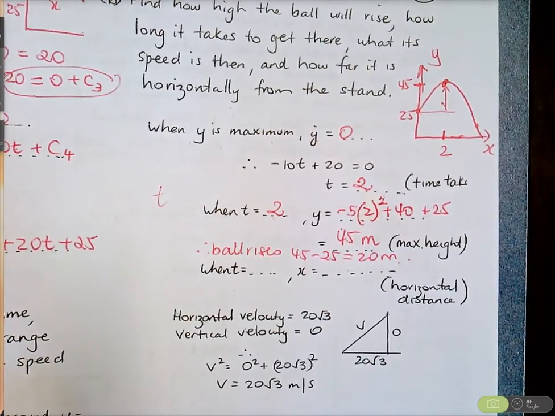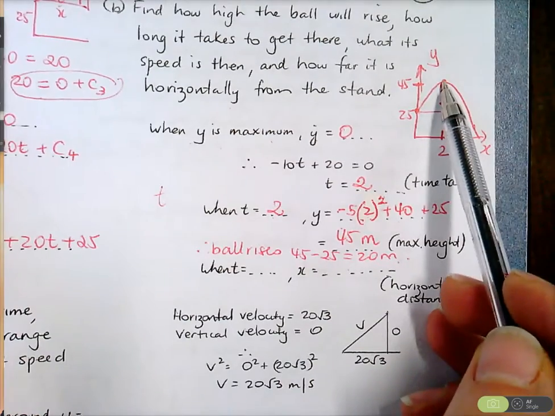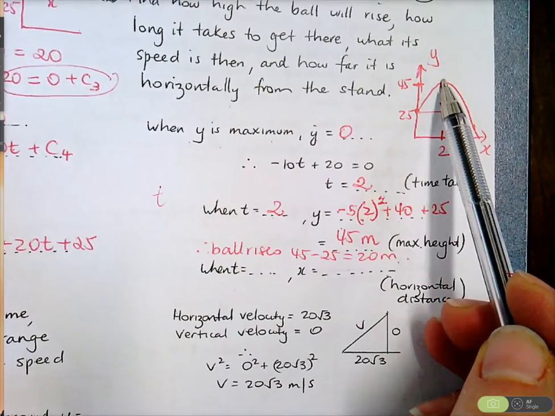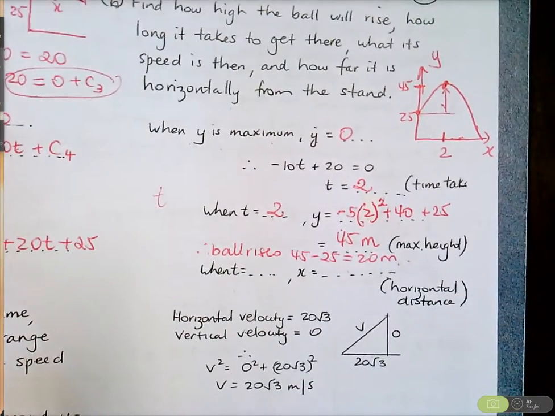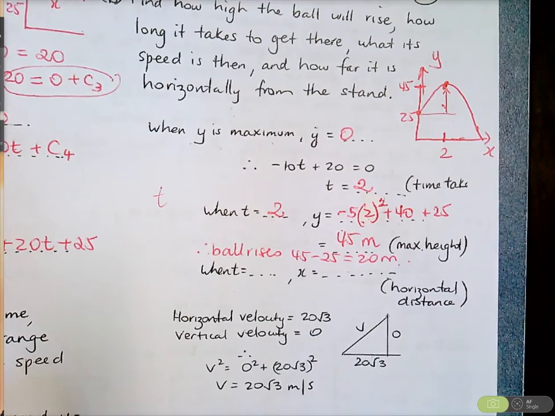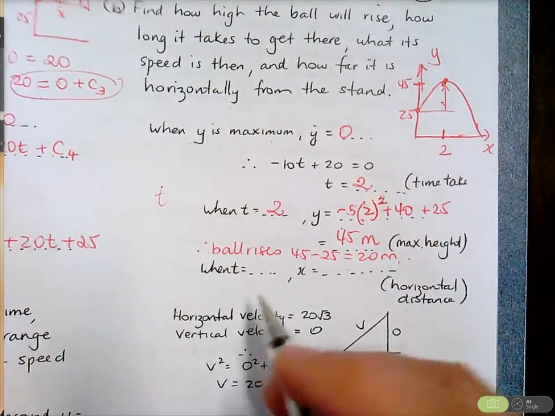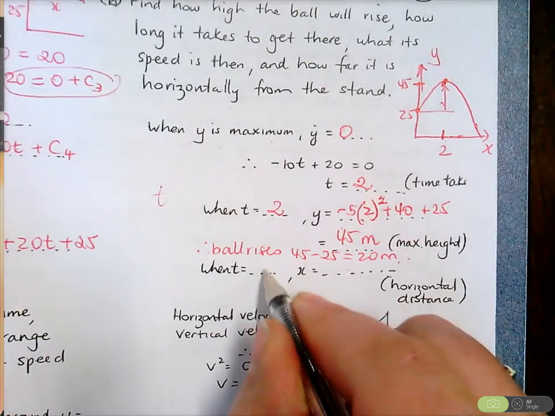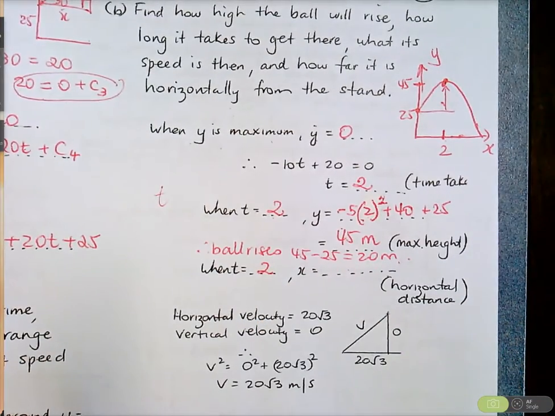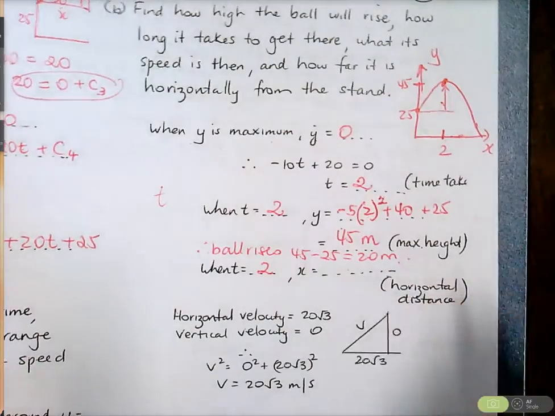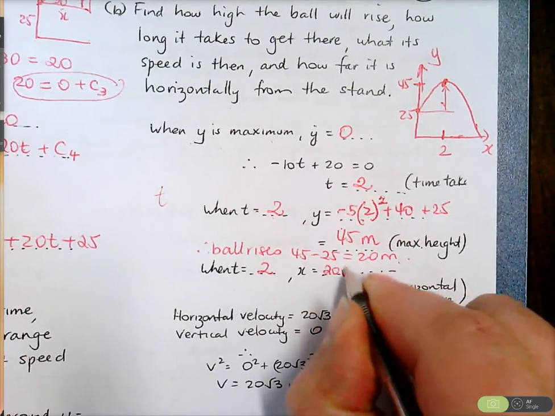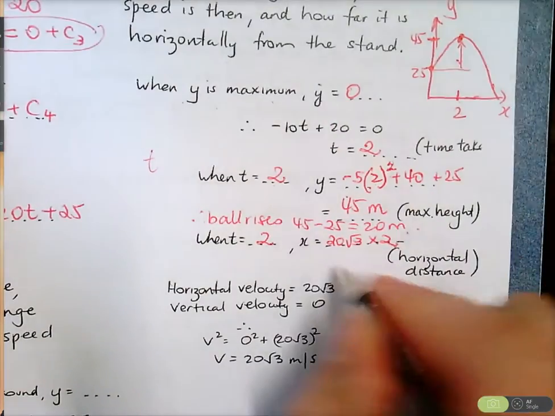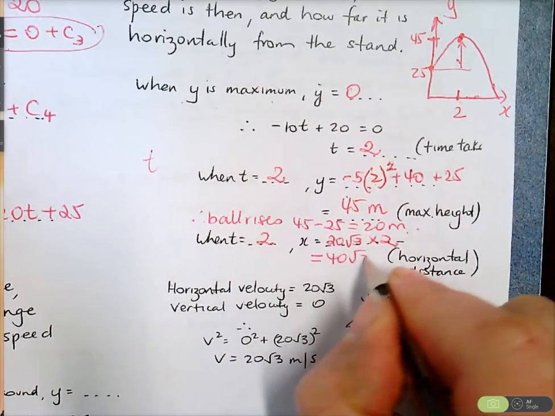Well, we can work out the horizontal bit easily. So, how far is it horizontally from the stand? When t is 2, what's the equation for x? 20 root 3 times 2, which is 40 root 3.